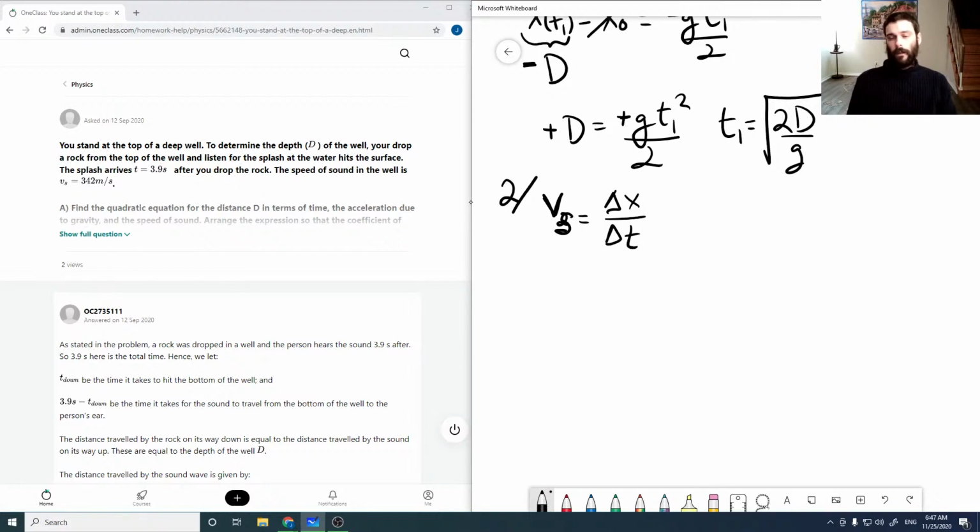So delta x is then 0 minus minus d, and for delta t, we're just going to call that our t2 time, right? So we're going from the bottom of the well to the top of the well.